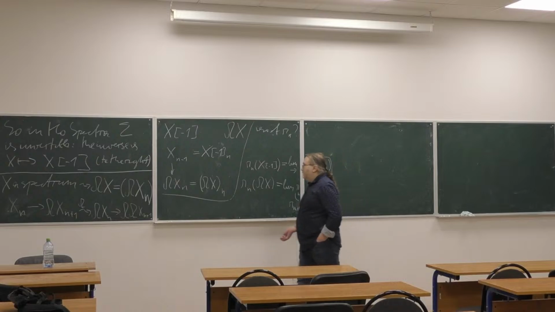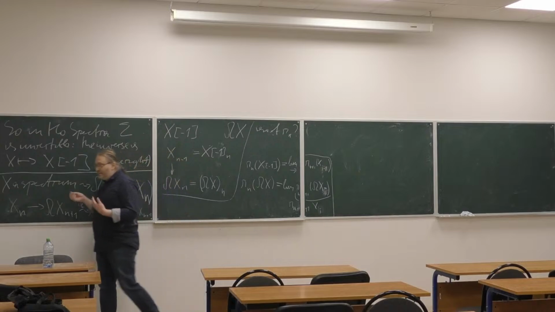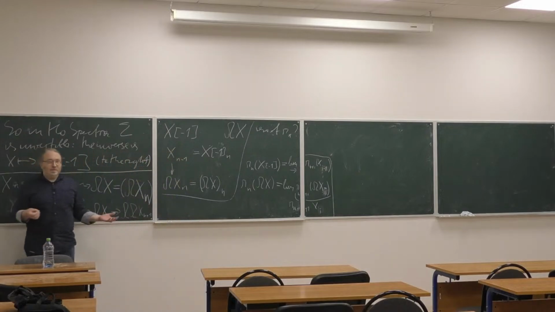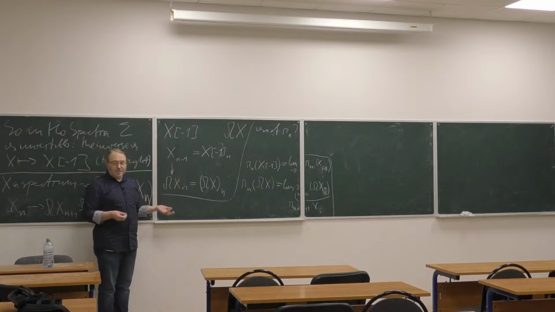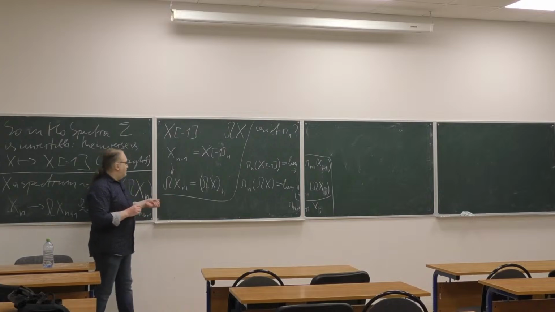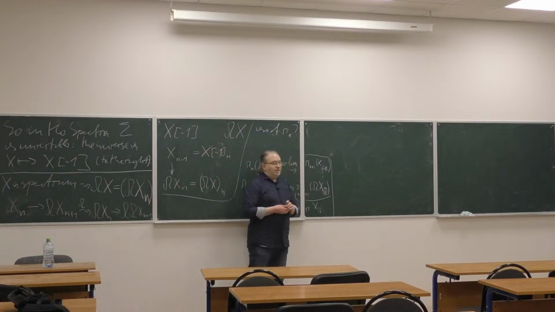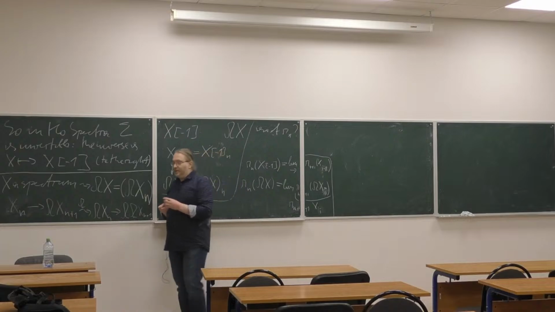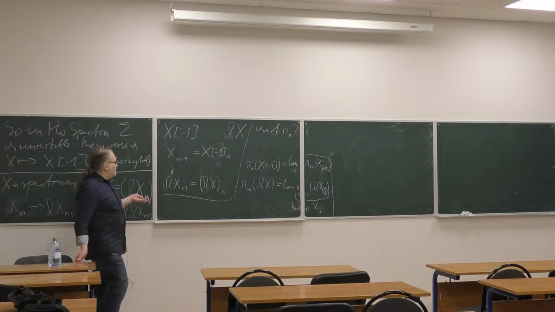The vertical maps do not necessarily induce isomorphisms of the homotopy groups, except when the spectrum is an omega spectrum, in which case they do. So the individual groups are not mapped isomorphically, but let's see what happens.